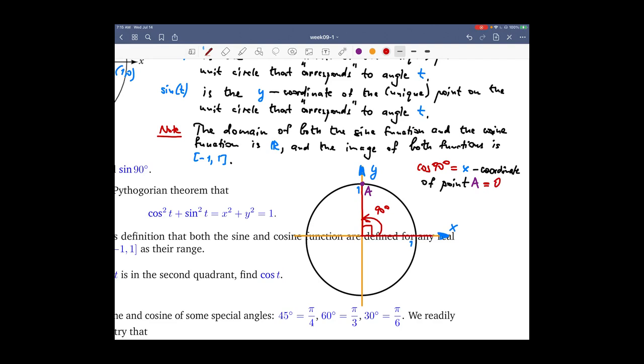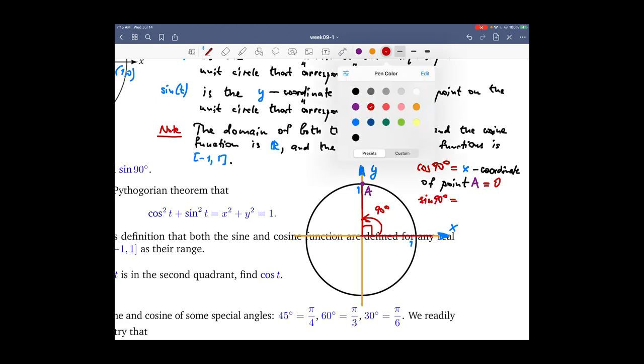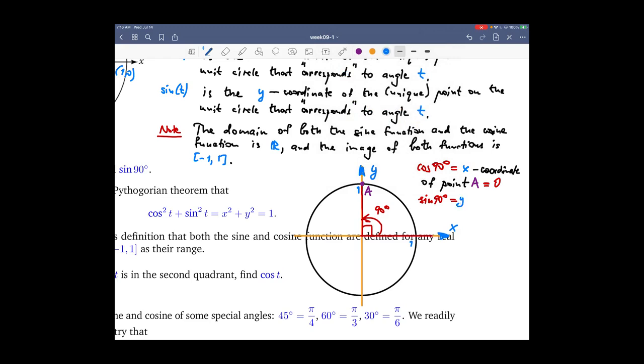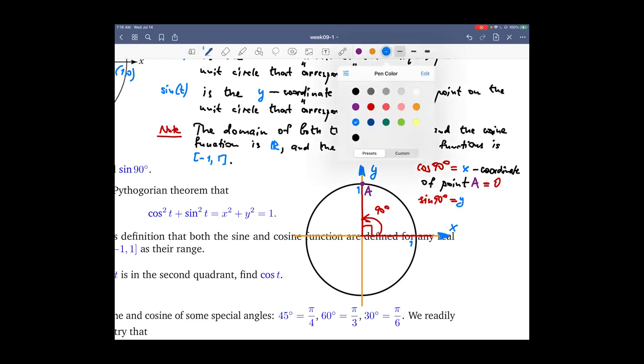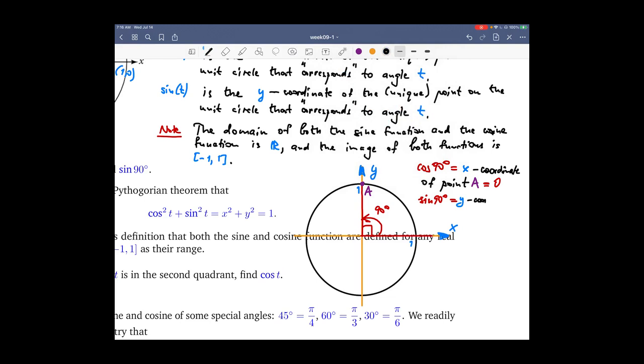And likewise, sine of 90 degrees is the y-coordinate of point A, and clearly the y-coordinate of point A is 1.